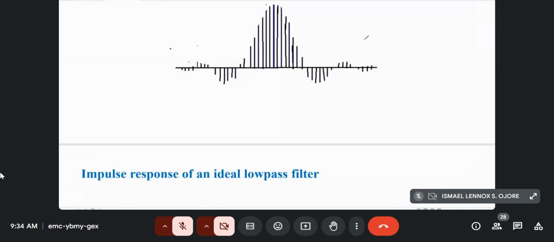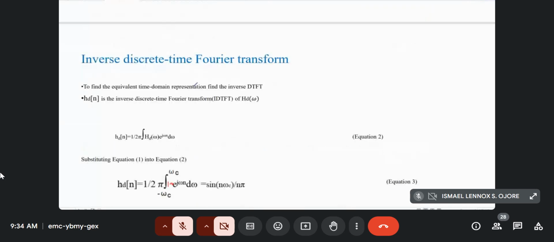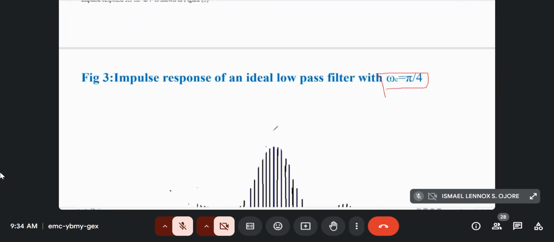So for the case where omega c is pi over 4, it will look like that. Generally, whatever the value is, it will be this shape, some form of a sinc waveform.